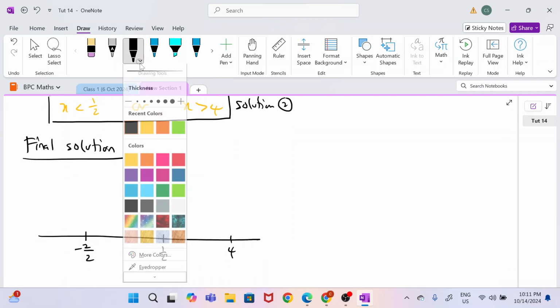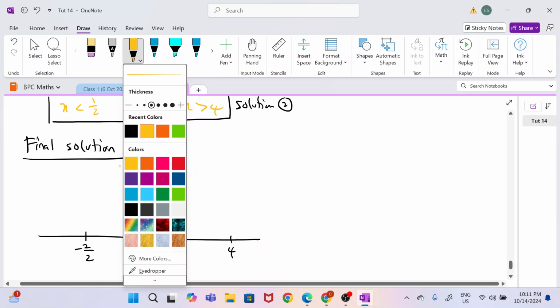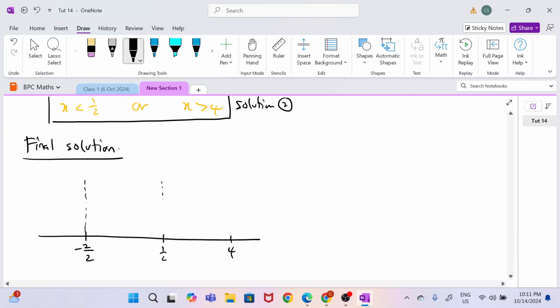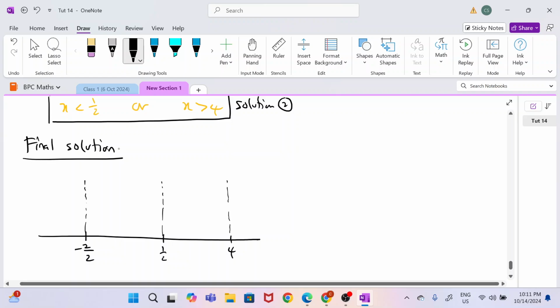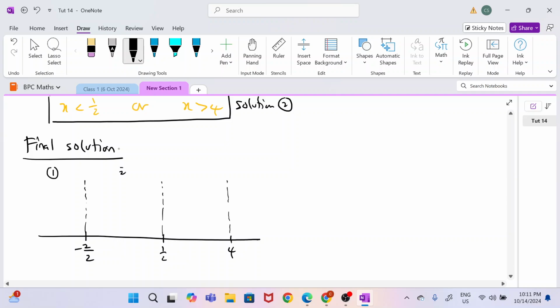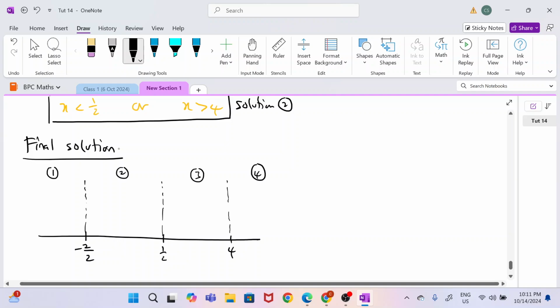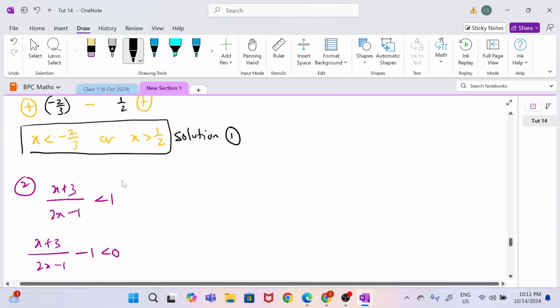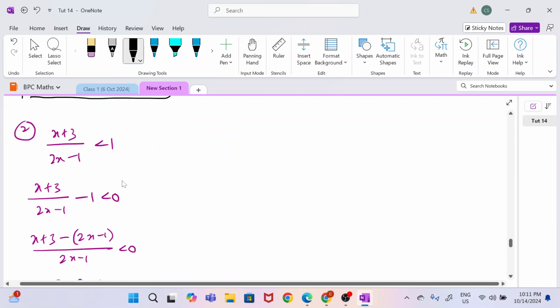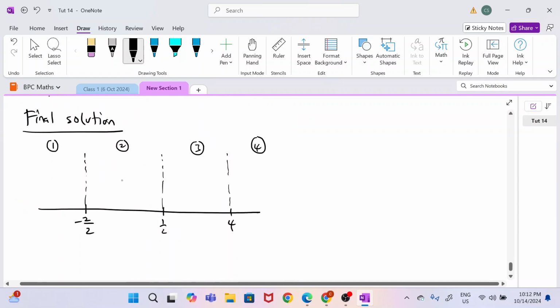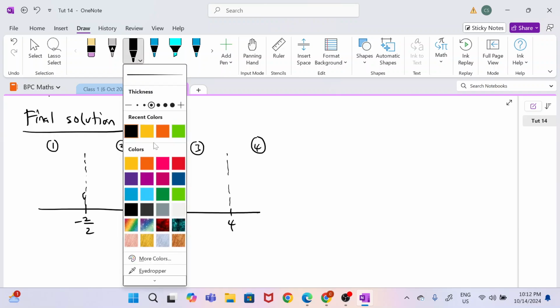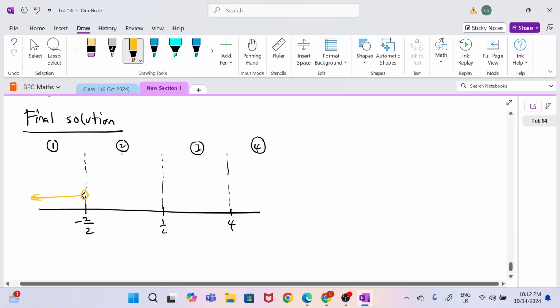The first solution is here: x less than negative 2 over 3 and greater than half, here and here.